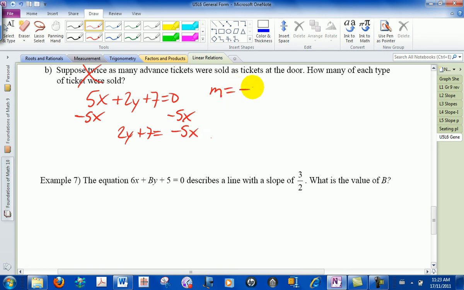So you know right away that your slope has to have a minus 5 on top. There's no questions about it. It comes from the x value. So what are we going to divide by next? Ignore the 7. Completely ignore it. Who cares about it? That's your b. We don't care about b. We're going to divide now by 2.